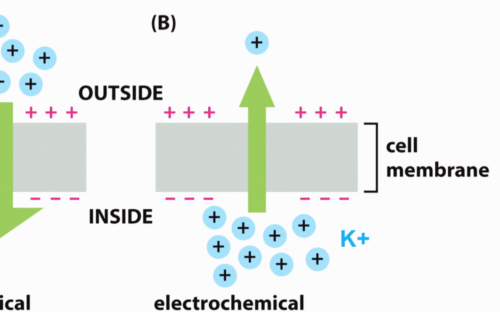So in this case, the electrochemical gradient is a lot smaller, but it is still driving the potassium ions to go outside, because the chemical gradient is working in a different direction than the membrane potential. The net effect of the electrochemical gradient is to allow the potassium ions to move from the inside of the cell to the outside of the cell.